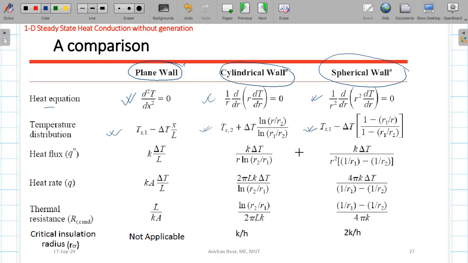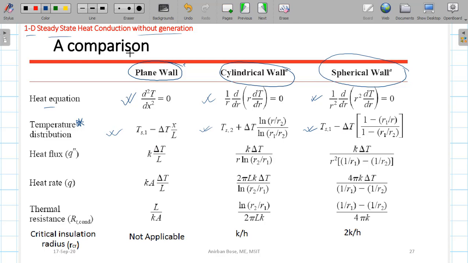Here I want to mention a very important thing: you observe the temperature distribution in all these examples, under the assumption of one-dimensional, steady state, without generation and constant thermal conductivity, the temperature is not dependent on the material property. The temperature field is independent of the thermal conductivity. That is a very, very important observation.